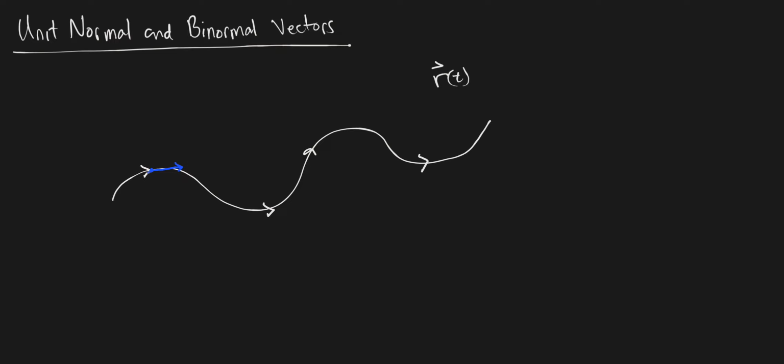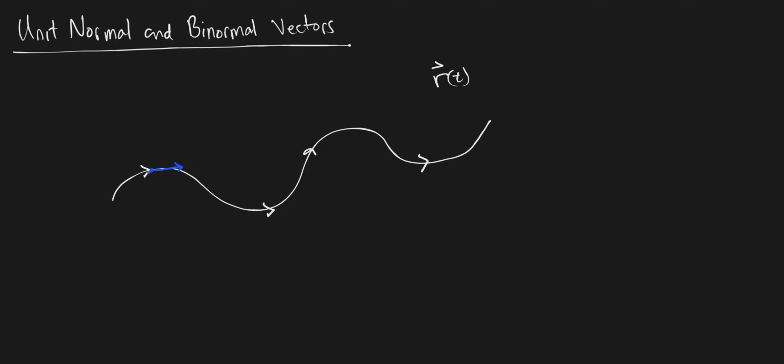So wherever it seems like the curve is bending towards, that's the direction that our normal vector will be pointing in. So let me add the other ones. And again, these are all going to be unit vectors, so I'm going to try to make them roughly the same length, and the red and the blue are going to be perpendicular.